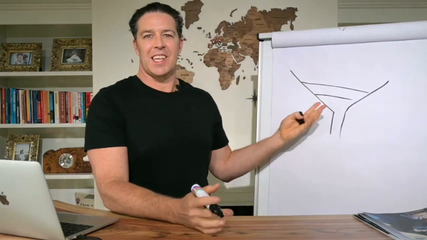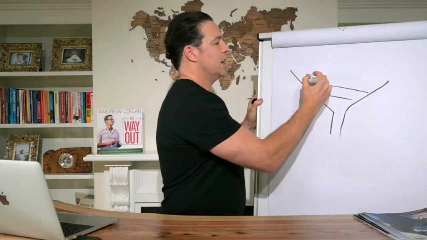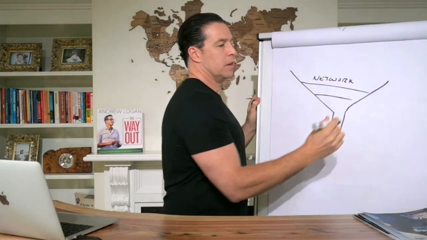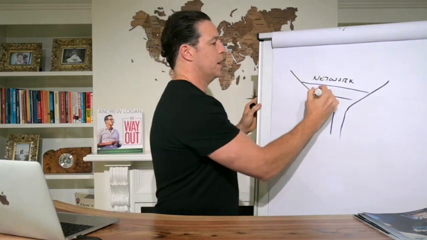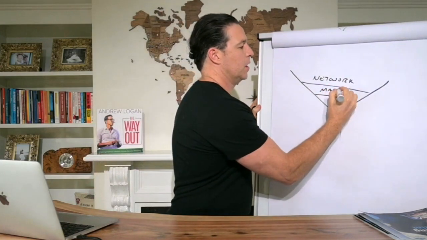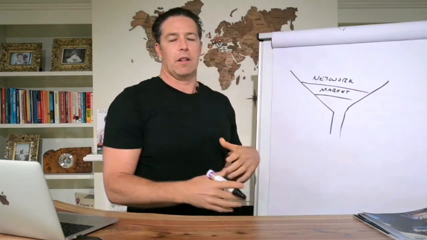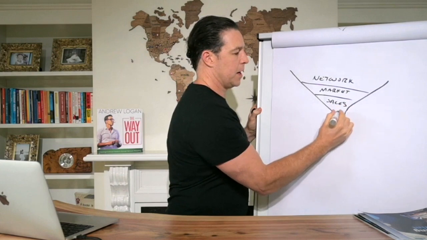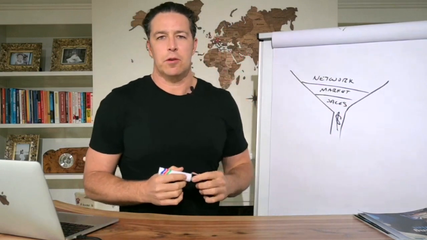So if we flip the pyramid a little bit and think about it like a funnel, essentially, we've got our network, all our friends and all that, and then we've done our marketing, our business launch and all that kind of stuff. And at the bottom, we've got some sales. There's some money at the bottom of this formula.